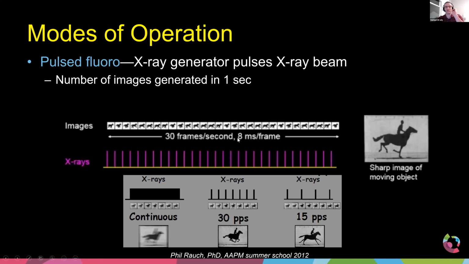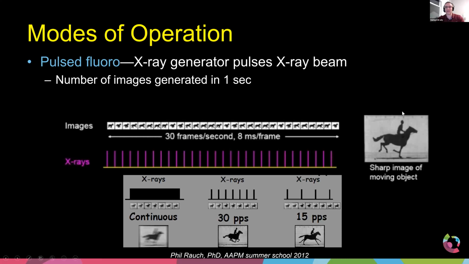And we're only going to do 8 milliseconds per frame. Basically what we're doing is sampling the image now. We're sampling it every 8 milliseconds, and we're going to create 30 of those frames, and then we're going to just add them together. And the net effect is when you use pulsed fluoro, you get cleaner, crisper images.